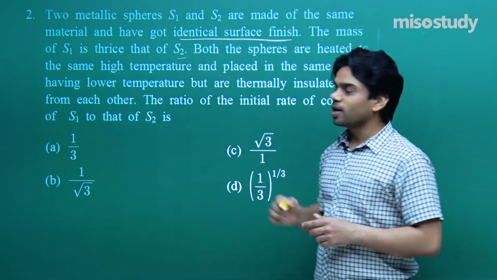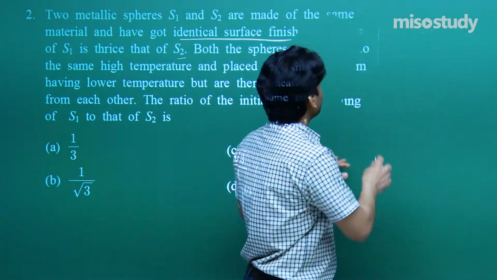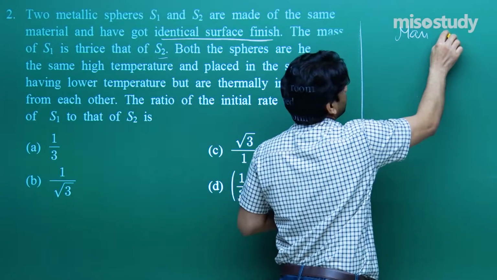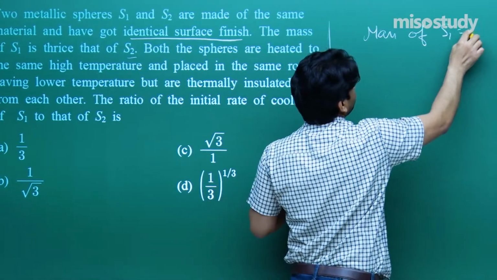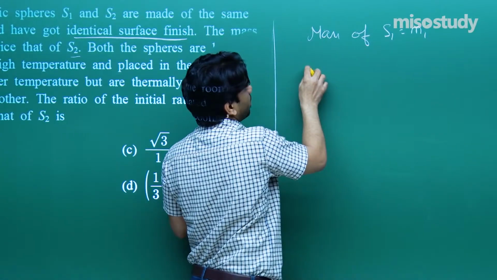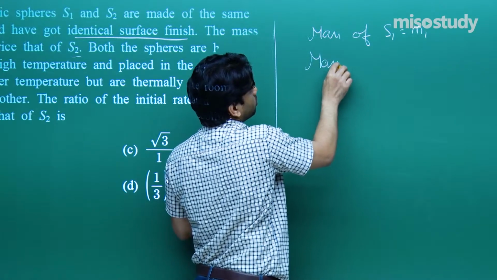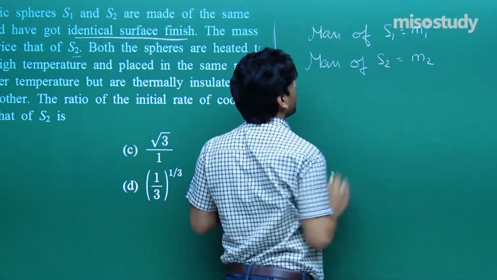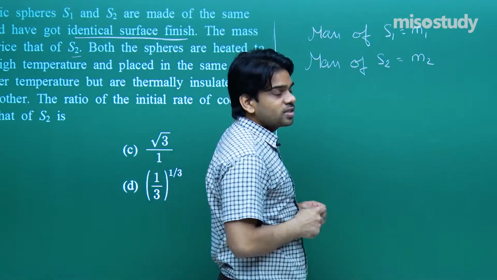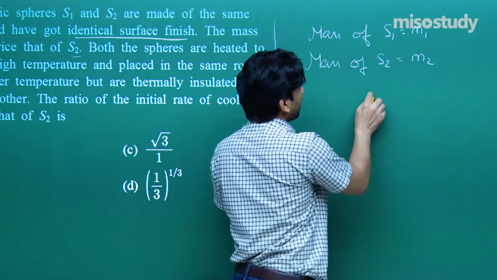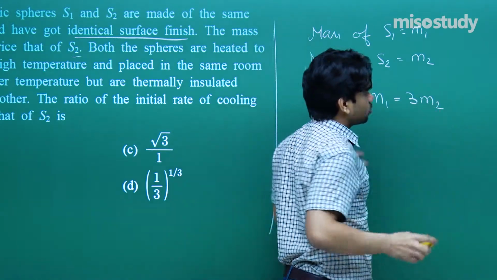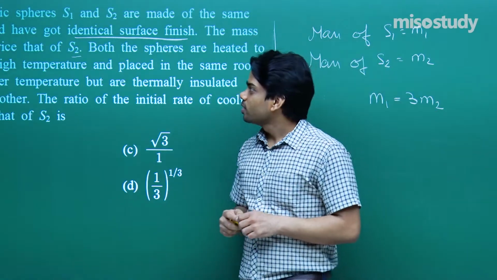So if I write mass of S1 as M1 and mass of S2 as M2, we have mass of S1 is thrice of M2. So we can write M1 is equal to 3 times of M2. That is what has been given to us.